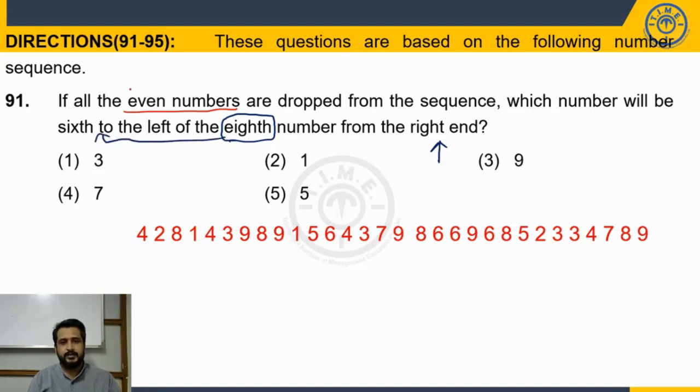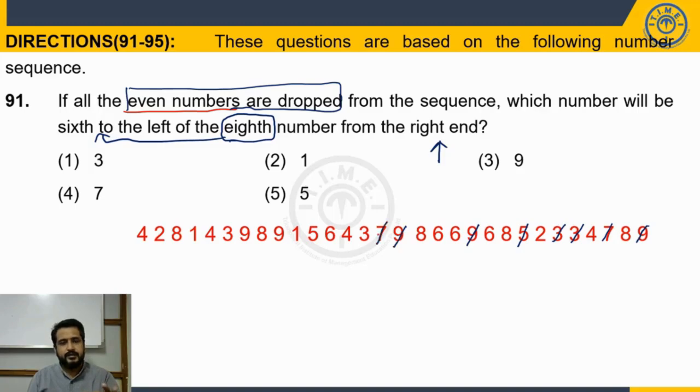But what is the condition mentioned? All the even numbers are to be dropped. Don't write the new sequence. Just when you are counting, don't count the even numbers. That is enough. Now start counting from the right hand. 8th number. 1, 2, 3, 4, 5, 6, 7, 8.